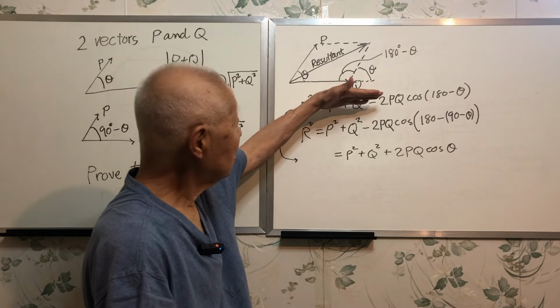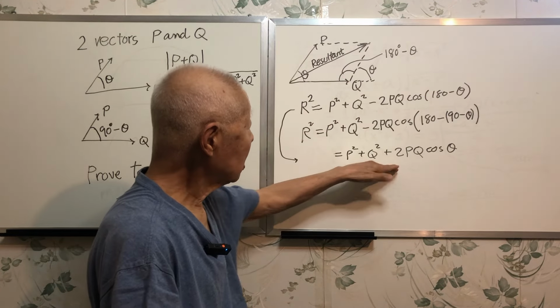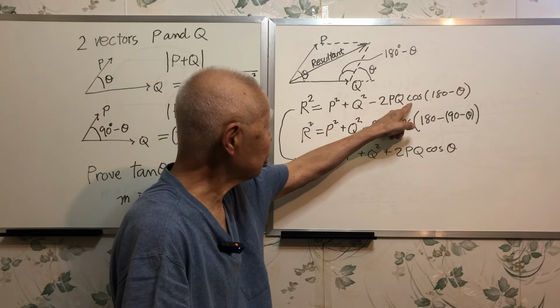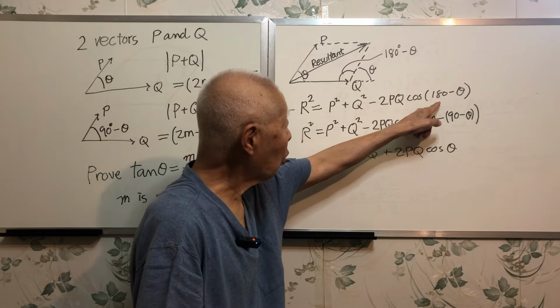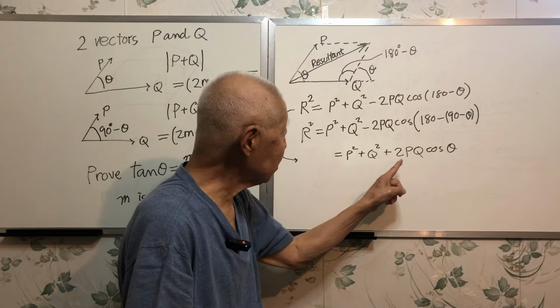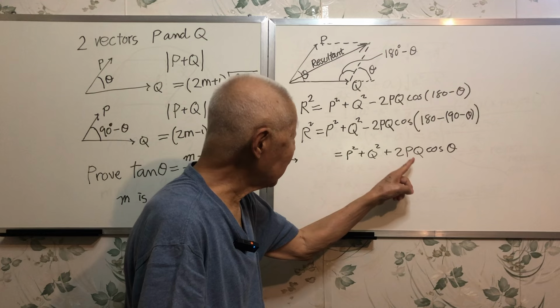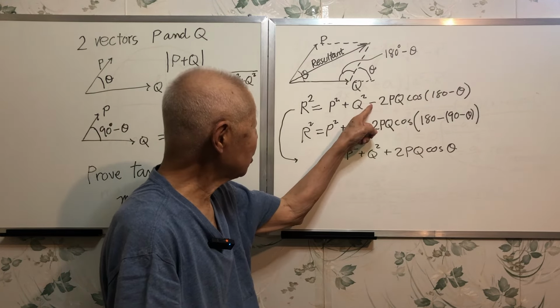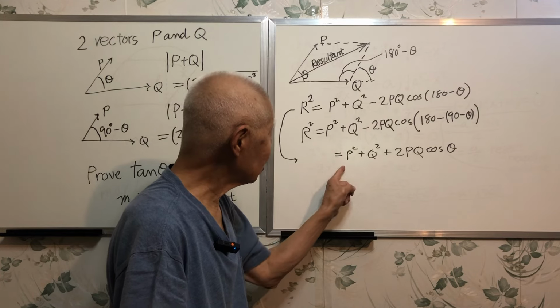From here to here is just the relation between trig functions. Cosine 180 minus theta is negative cosine theta. So the negative changes this negative to positive. So it's this.